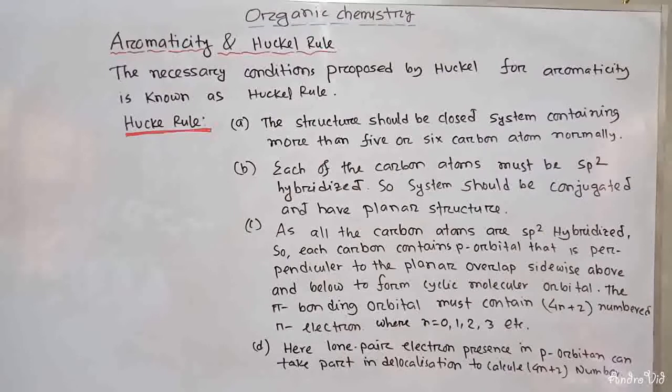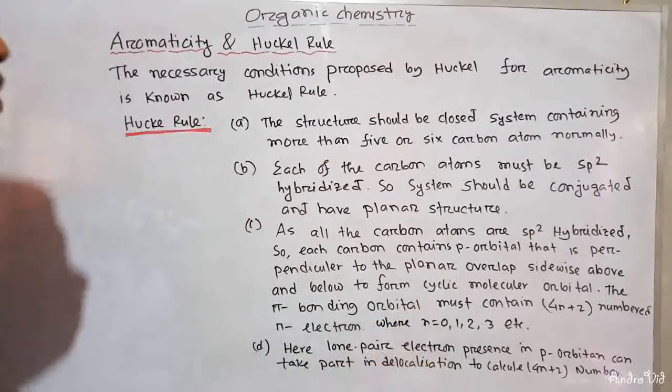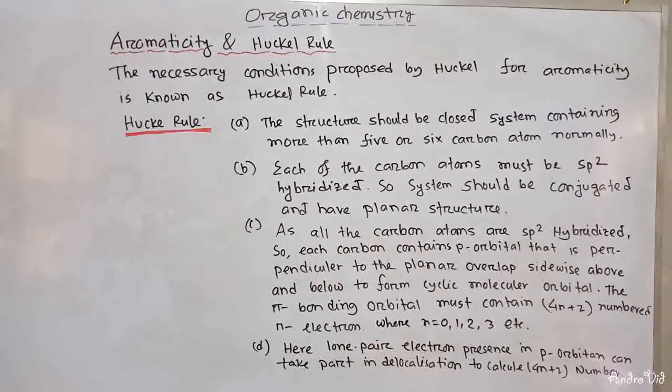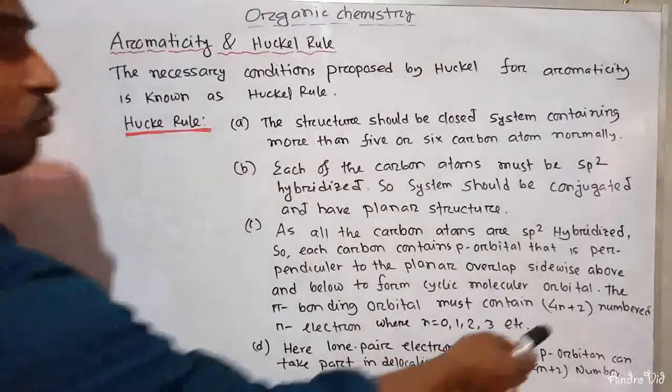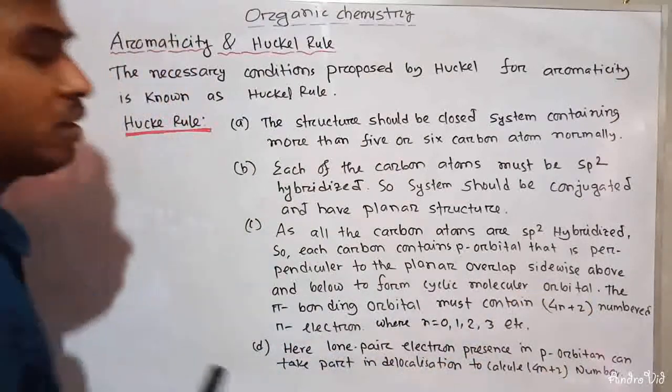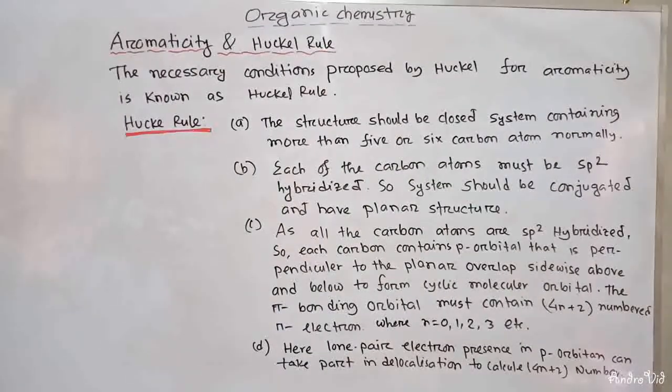In this way they form pi bonds and a pi bonding orbital. This pi bonding orbital must contain pi bonding electrons, and it is mandatory that if any system wants to be aromatic, this pi bonding orbital system must contain 4n+2 pi electrons, where the value of n can be 0, 1, 2, 3, different positive integers.